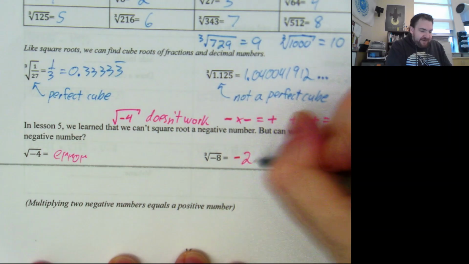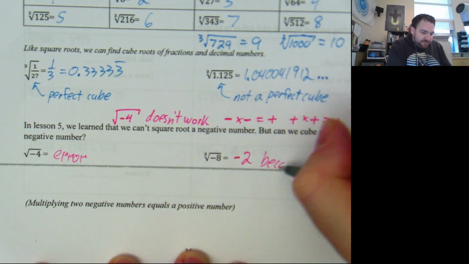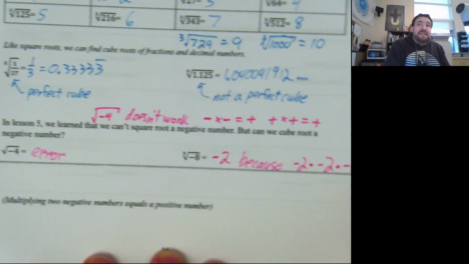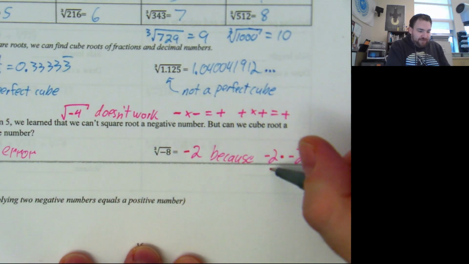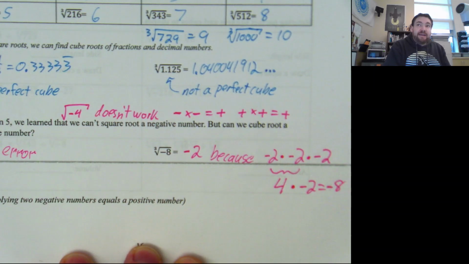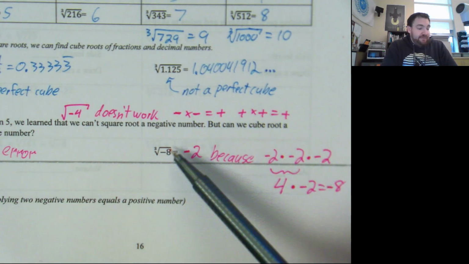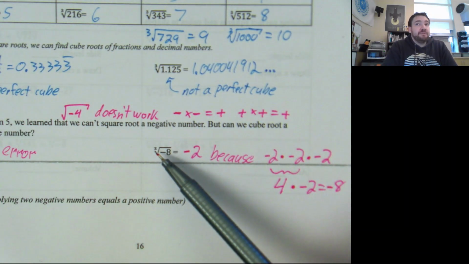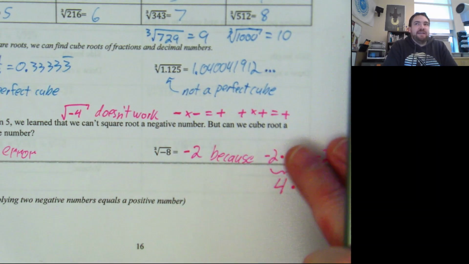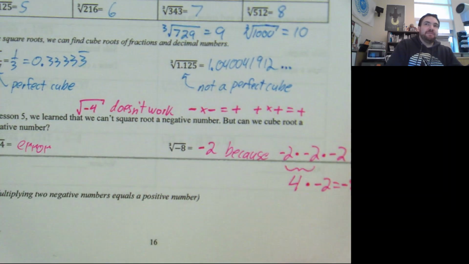The cube root of -8 is -2 because -2 times -2 times -2: the first two are going to give you +4, but you're going to multiply by a -2 again, and it'll give you back -8. You can take negatives of odd roots, you can take odd roots of negatives, but you can't take even roots of negatives.